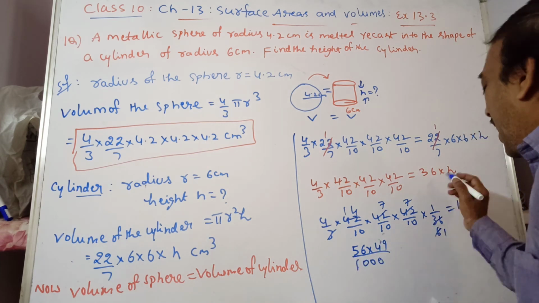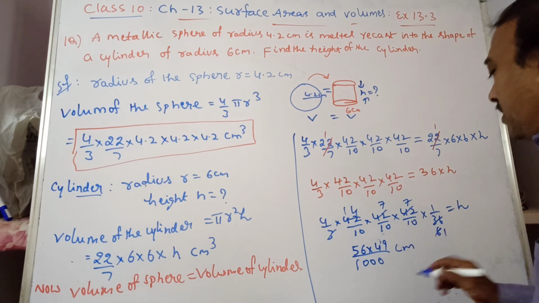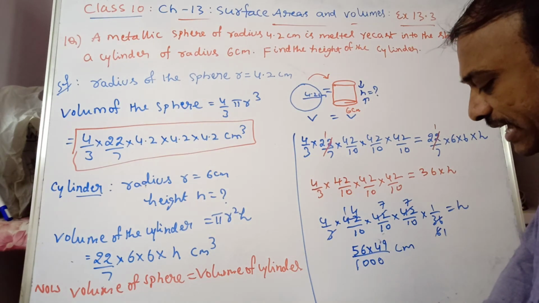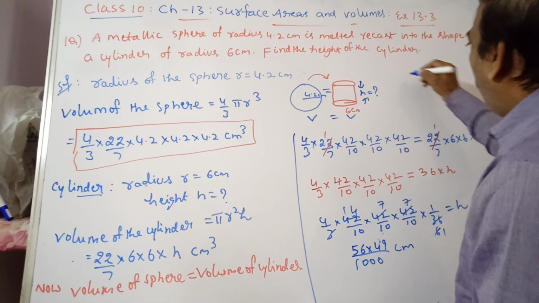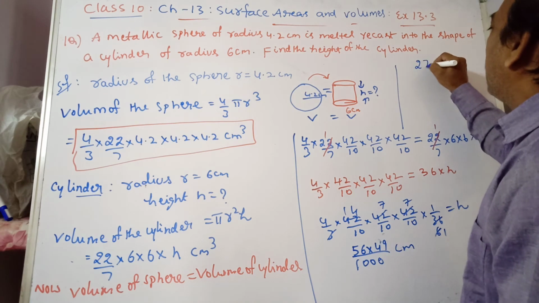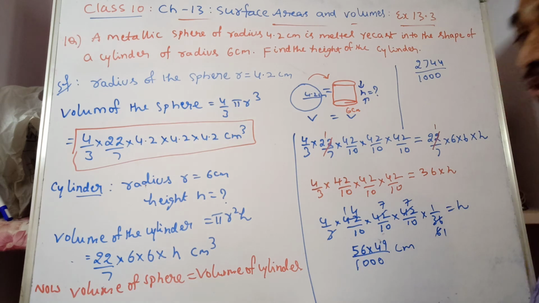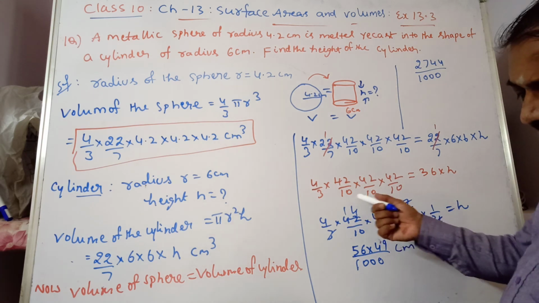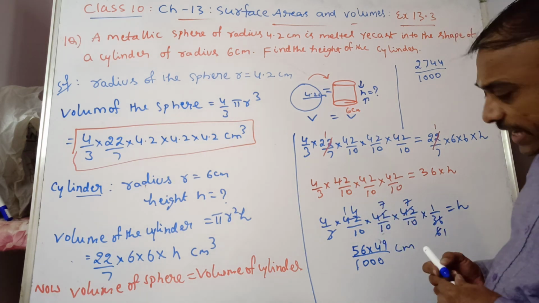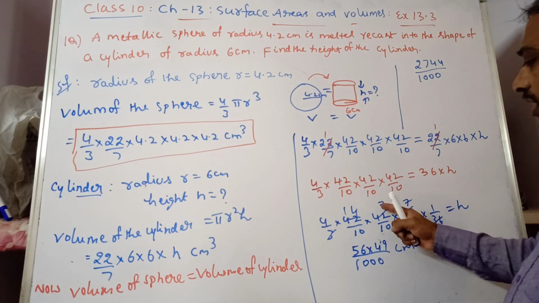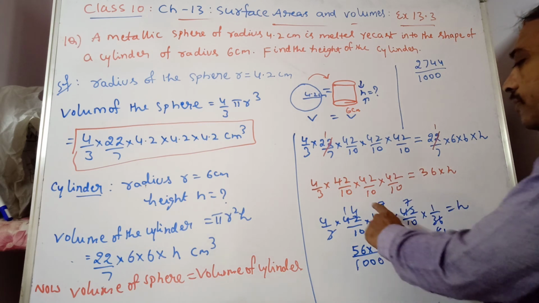That is the height we are going to find, in centimeters. So if you multiply 49 into 56, you will obtain the answer 2744. So 2744 divided by 1000. 7 sevens are 49, 49 into 56, 14 fours are 56.